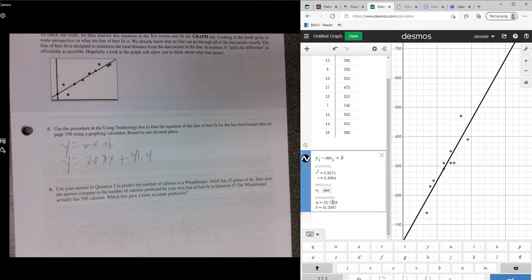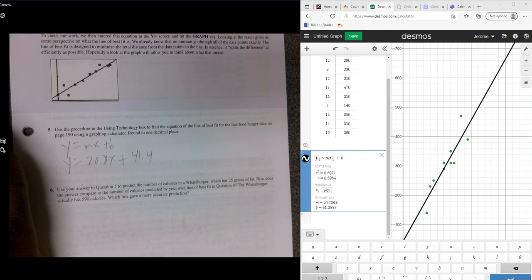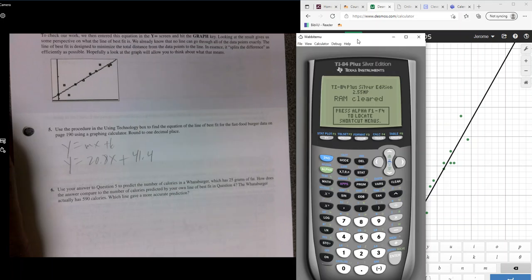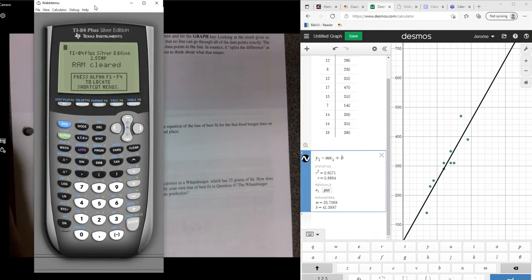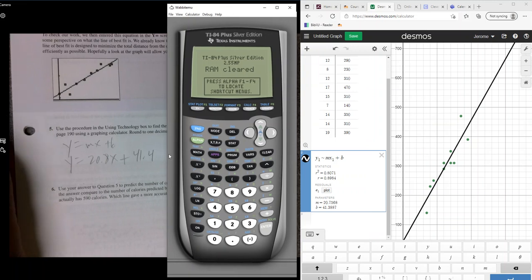Now I'm going to pull up the graphing calculator. Let me pull that up real quick, or as quick as this computer will go today. All right, let me move this over here. Okay, so I'm going to take the same information, and I should get the same values for my slope and y-intercept.